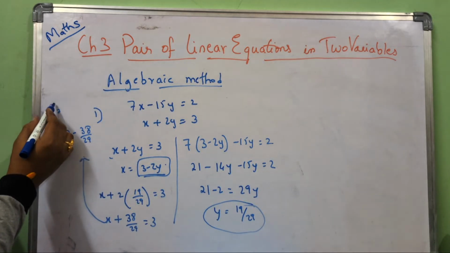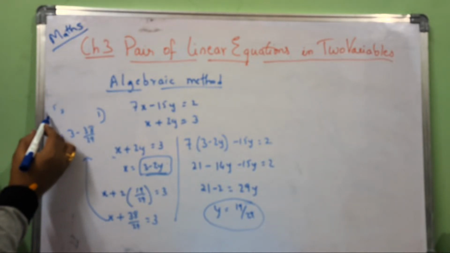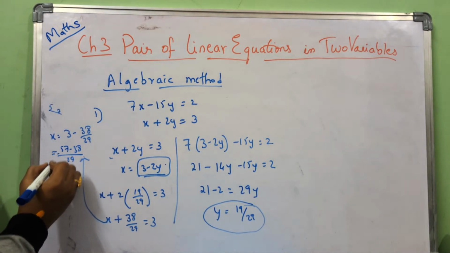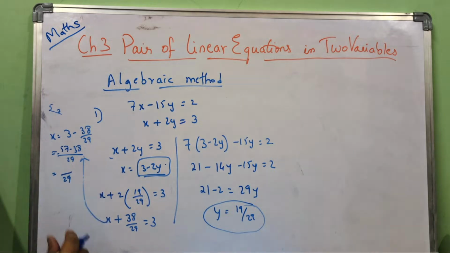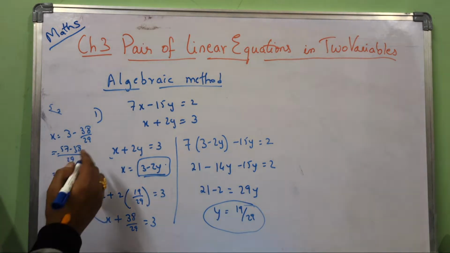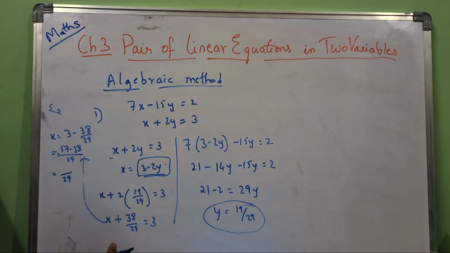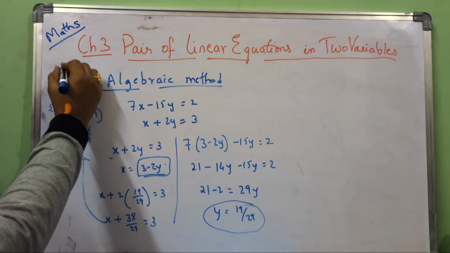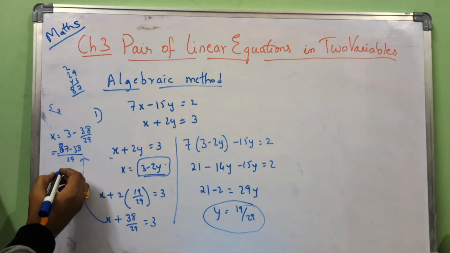29 threes are 87. So 87 minus 38 will become 49.